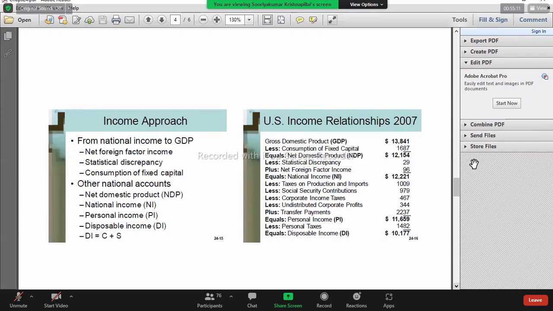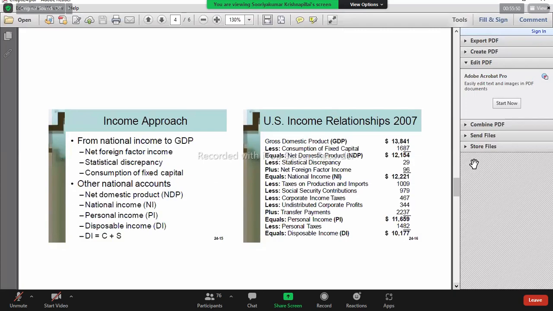If you see this slide, first gross domestic product. From the gross domestic product, if we deduct depreciation, that is consumption of fixed capital, we will get net domestic product. From the net domestic product, if we deduct statistical discrepancy, then plus net foreign factor income, we will get national income.